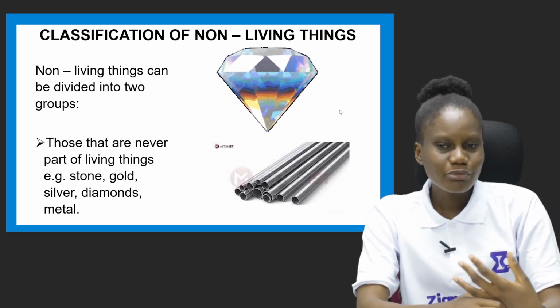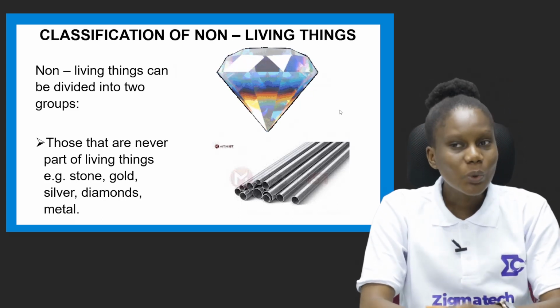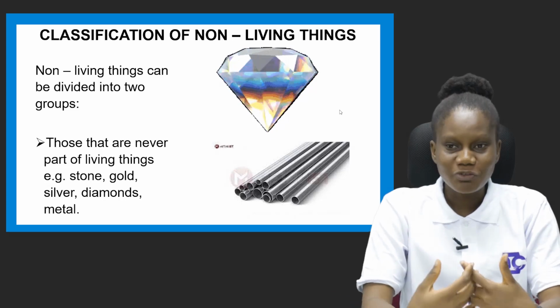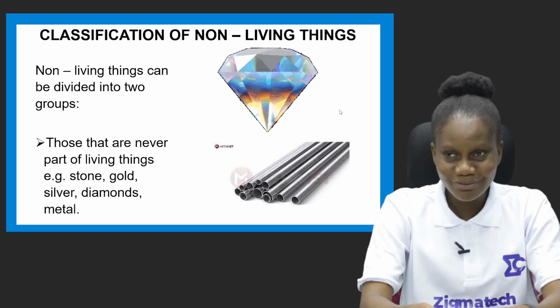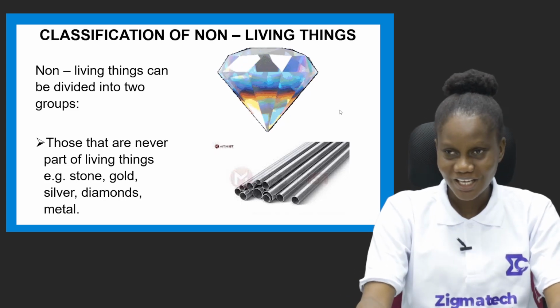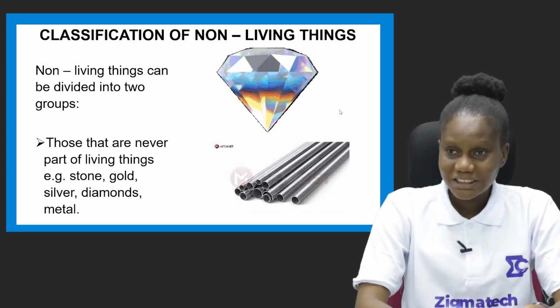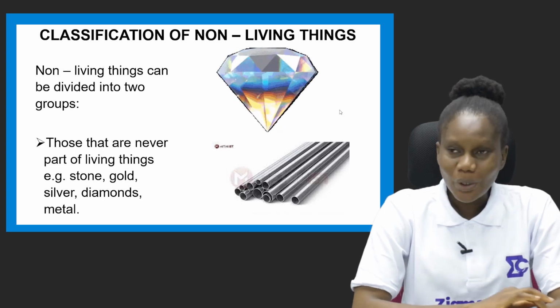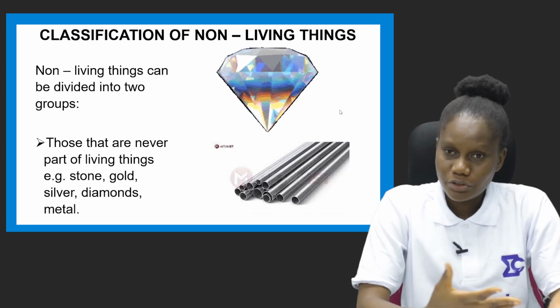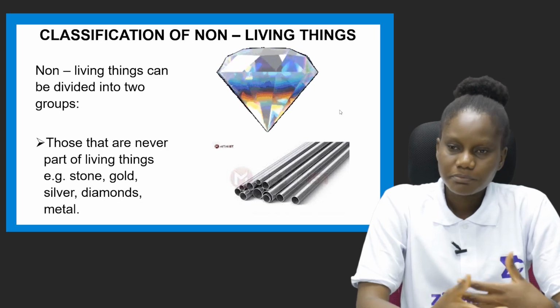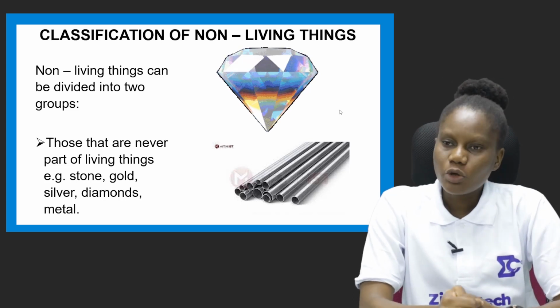So we have examples like your stone. Your stone was never part of living things. Can you trace your stone to any living thing around you? Never. It wasn't gotten from any living thing. Even sand, you cannot trace your sand to any living thing around you. We have your gold, which cannot be traced to living things.